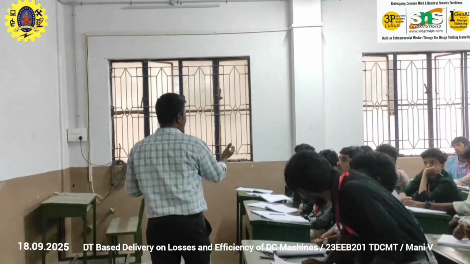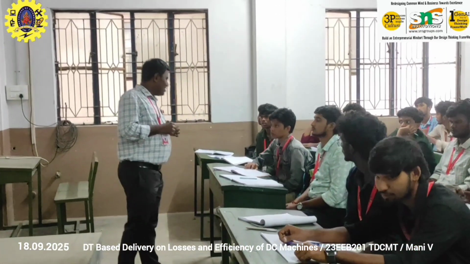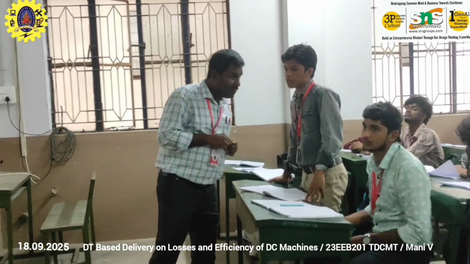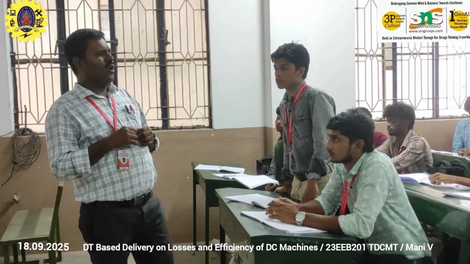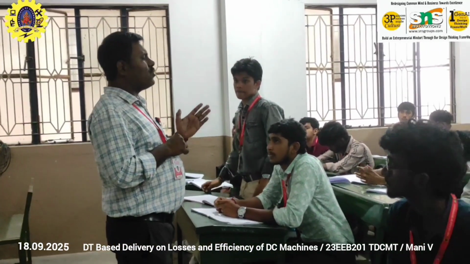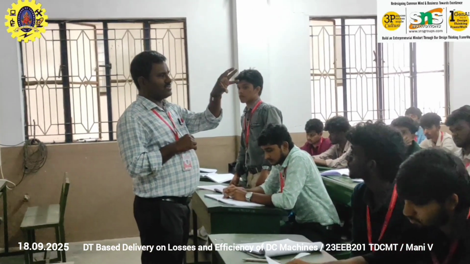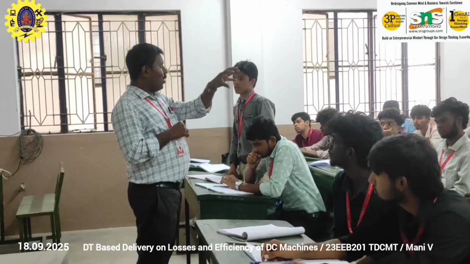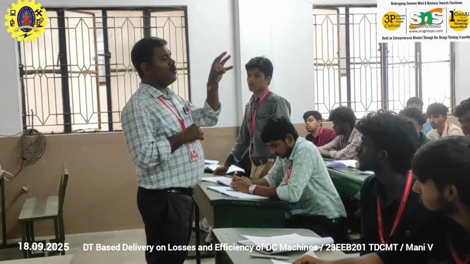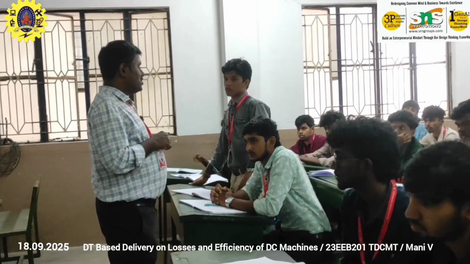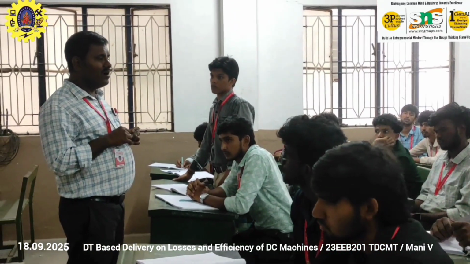What is the average percentage of copper loss in the machine? Around 15 to 80% of the total losses is produced by the copper winding.